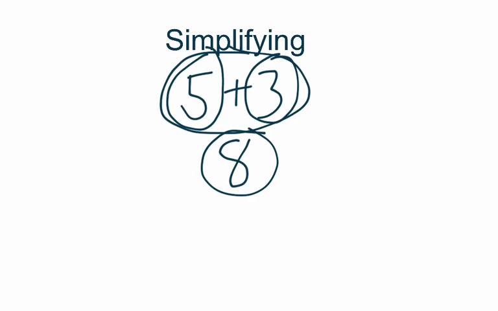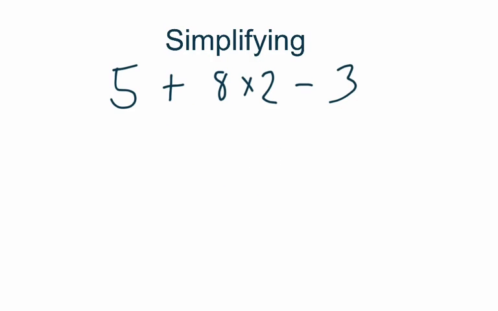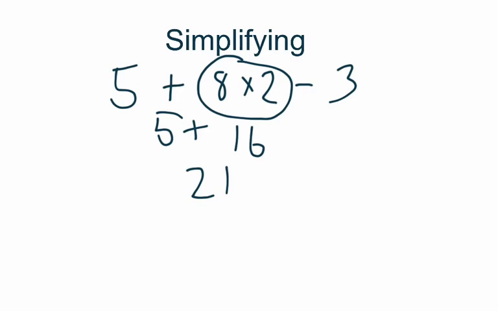Okay? If we take this expression, we're going to make it more simple. Again, let's say we're looking at trees outside. And again, every number means something. So since we have to follow our order of operations, we would say, okay, first of all, we see that there are 8 groups of 2 trees, which means there are 16. Then we say, oh, but there are 5 more trees over there, which makes 21.